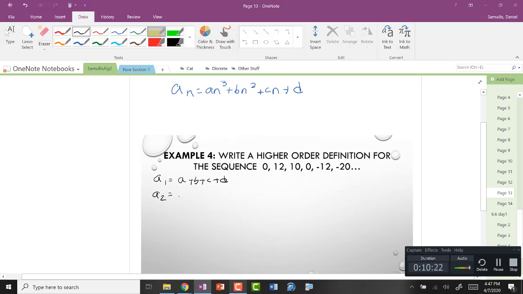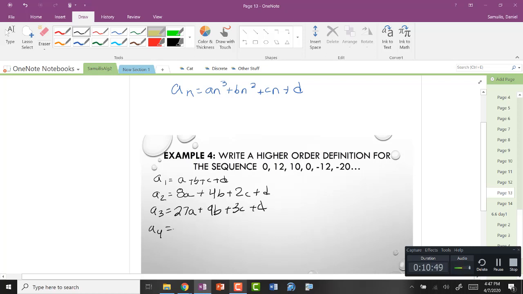Now I'm plugging in a 2. So a sub 2, that means it's 2 cubed, so that's going to give me an 8a, 2 squared, so that's going to be 4b, 2c, and d. The third term, I'm plugging in a 3 for n. So that's going to be 27a plus 9b plus 3c plus d.